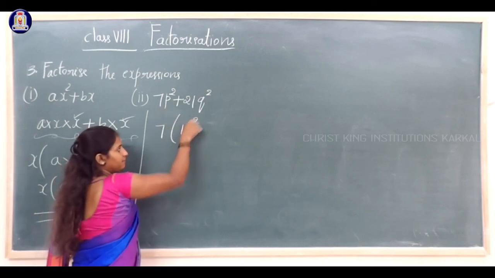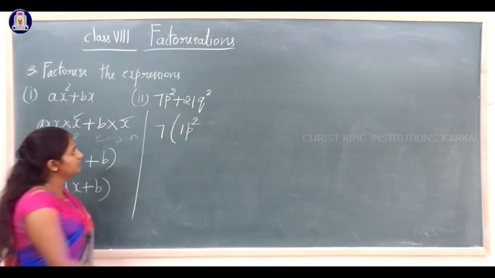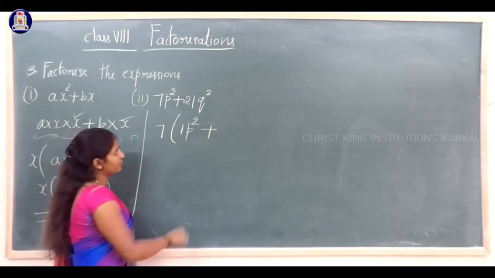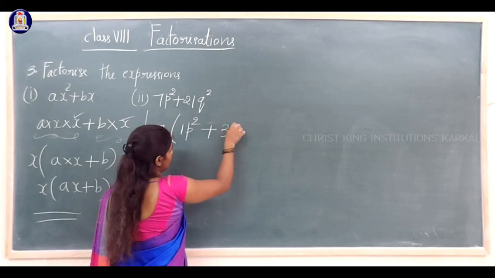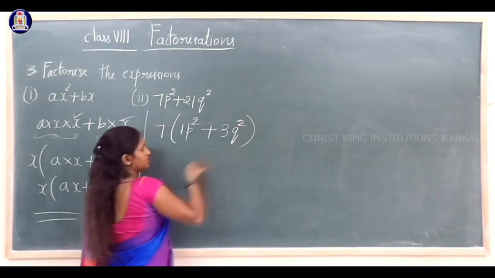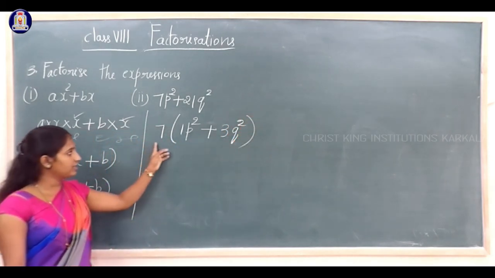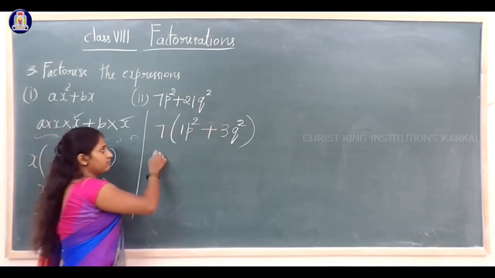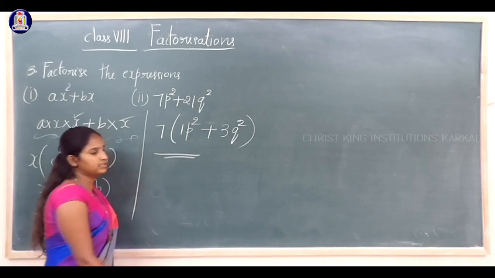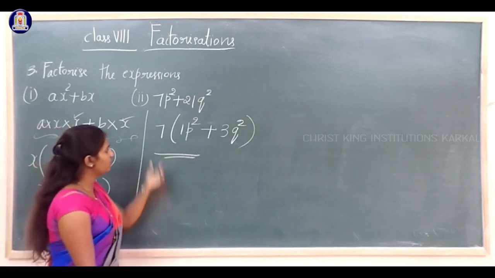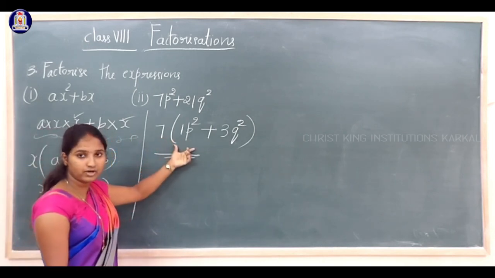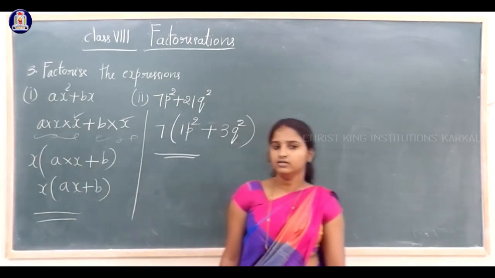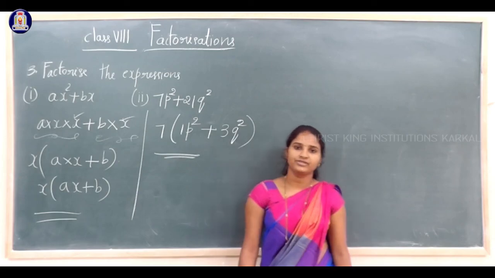So remaining 1p square plus, 7 how much are 21? 7 3s are 21. So right? Is it correct? If you want you can multiply. 7 ones are 7. 7 3s are 21. So 7 into (p square plus 3q square), one factor is 7, another factor is p square plus 3q square, another factor of the expression here. Yes, thank you.